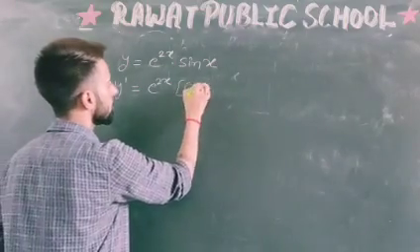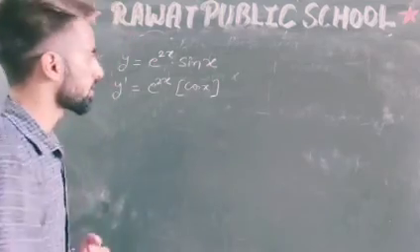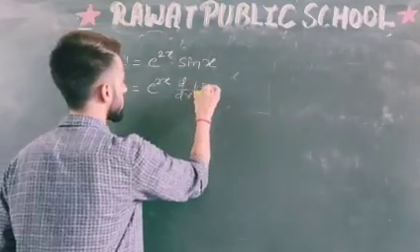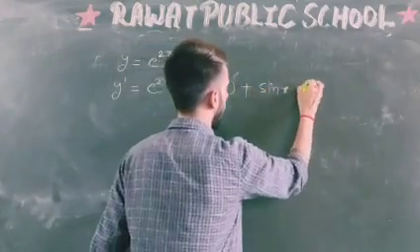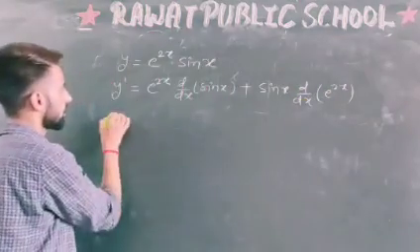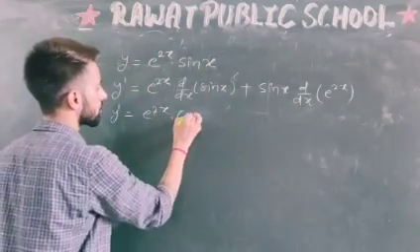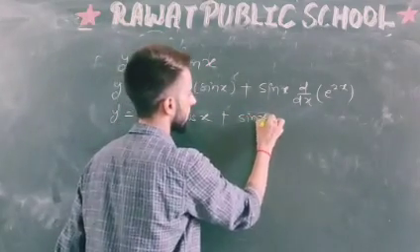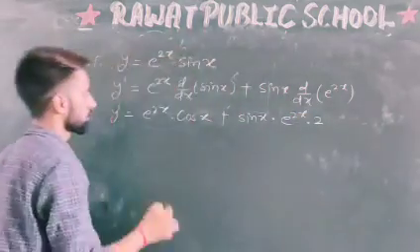The differentiation of sin x will be cos x. Or for better understanding, keep one and differentiate the other, then keep the second and differentiate the first. Now y dash will be equal to e2x dot cos x, plus sin x dot e2x dot 2.